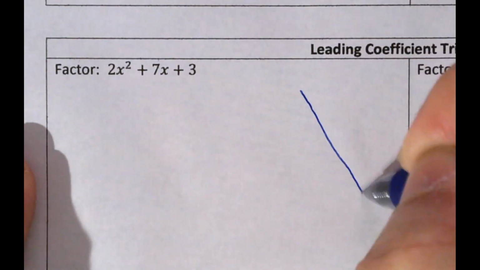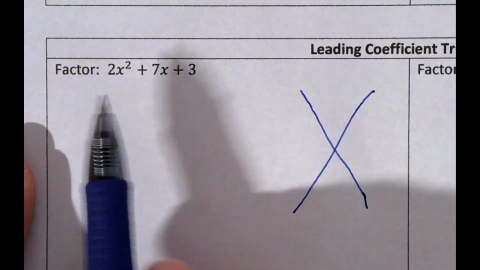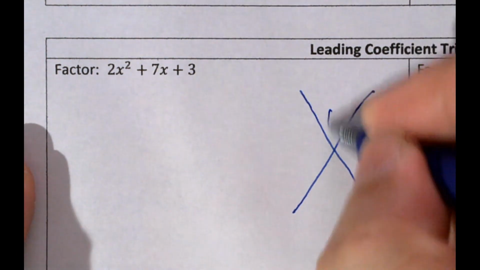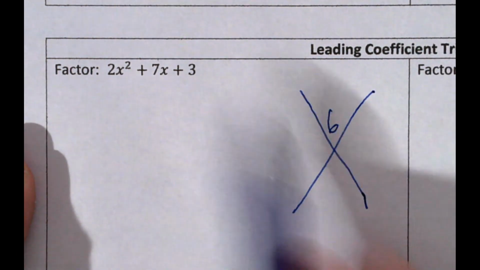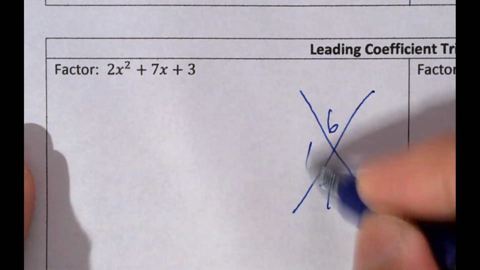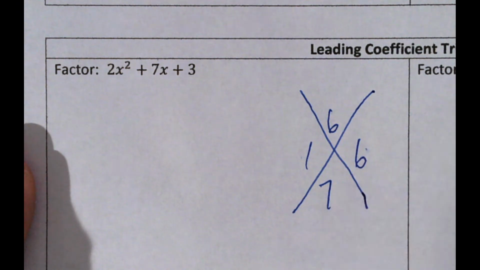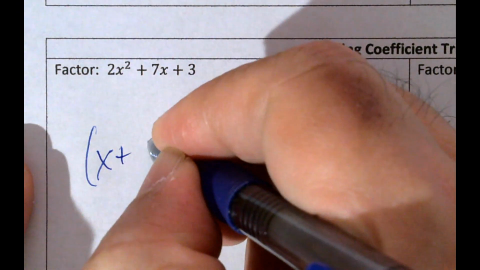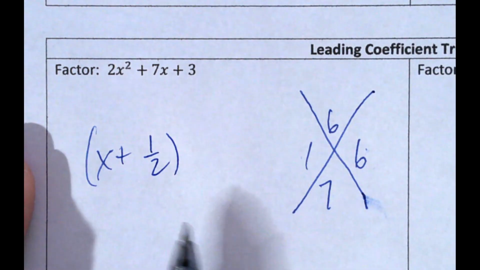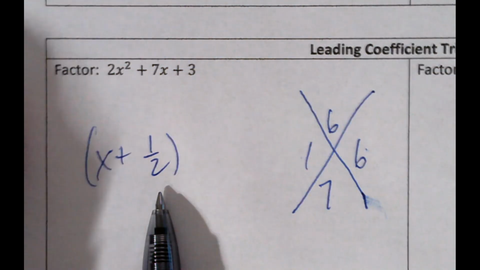So we do this. We multiply 2 times 3 and get 6. What are the factors of 6 that combine to make 7? That's going to be 1 and 6. 1 times 6 is 6, and 1 plus 6 is 7. So we do x plus 1 over 2. That's the weird part. We divide by the leading coefficient.